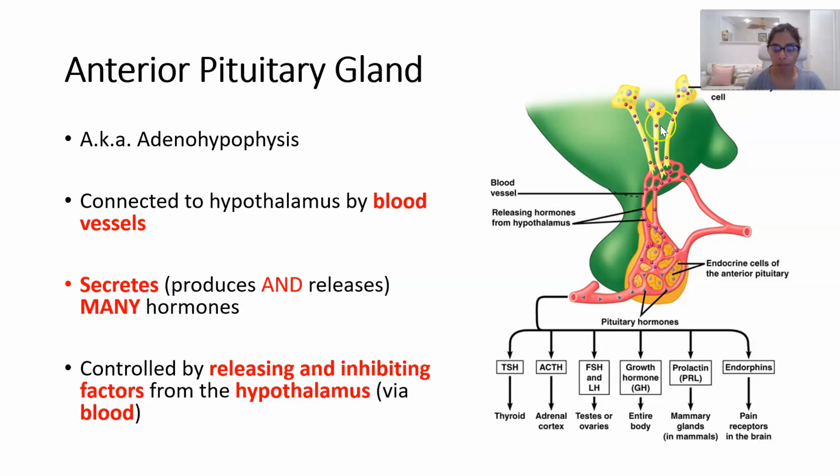So the hypothalamus secreting inhibiting factors will discourage or prevent the APG from secreting too much hormone. And this is part of how the negative feedback system works, which we'll talk about later.